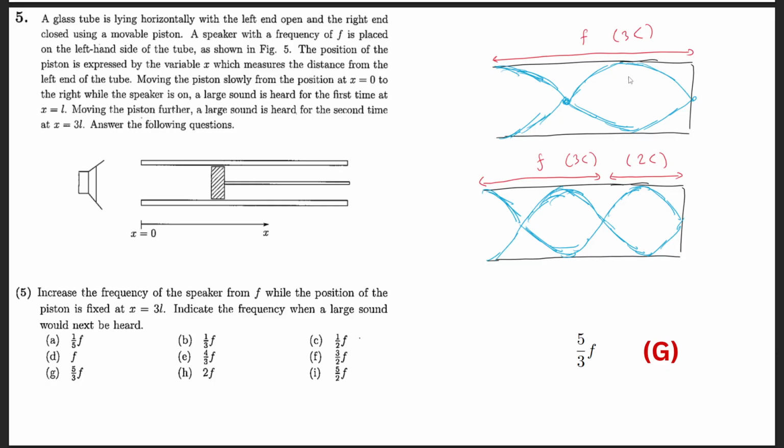So let's go back. F is equal to 3 half lemon, and we need to add 2 half lemon for it to find the large sound. So to multiply from here to here is just 5/3 of the original F. So the answer is G.